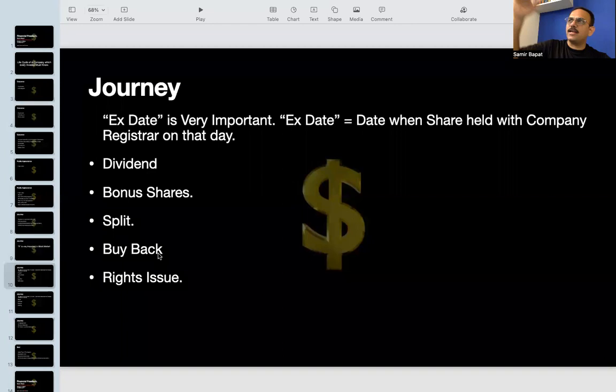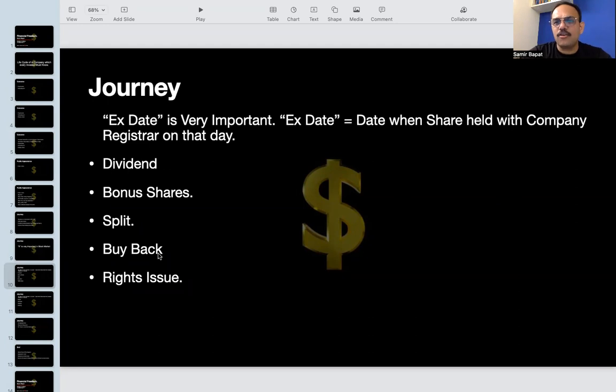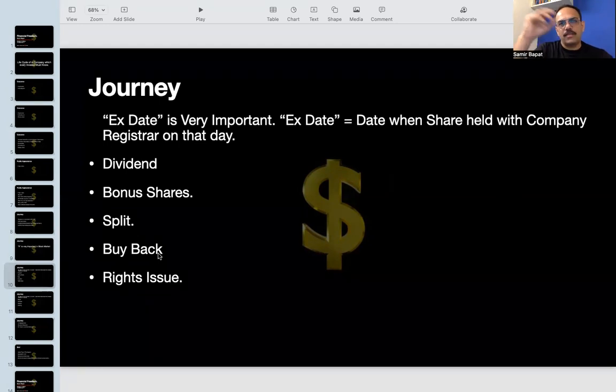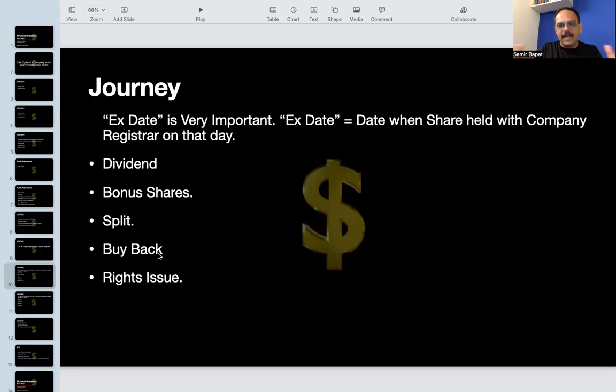Normally a higher price is offered for a buyback. So they will buy back so that the number of shares in the market will reduce and subsequently the valuation may go up. That is how they do. So this is one thing they do. They do a buyback. Again, the ex date you have to apply.